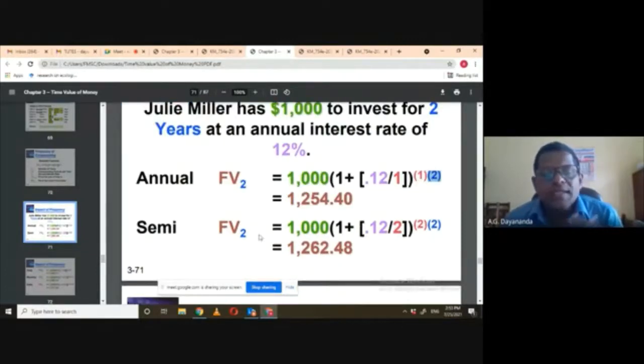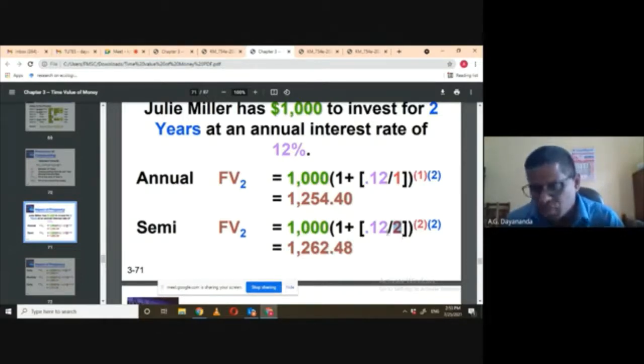Now, the second scenario: your interest rate is 12% per annum, that is true, but the method of compounding is semi-annual. That means you get the interest 2 times, so we divide the annual interest by 2. That is the M here, because we get interest 2 times.